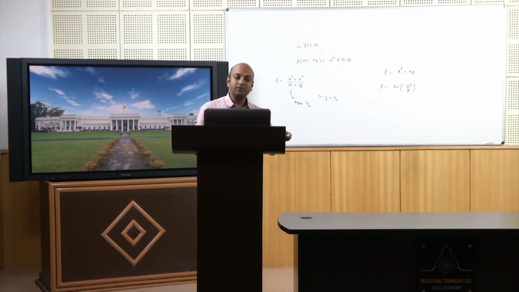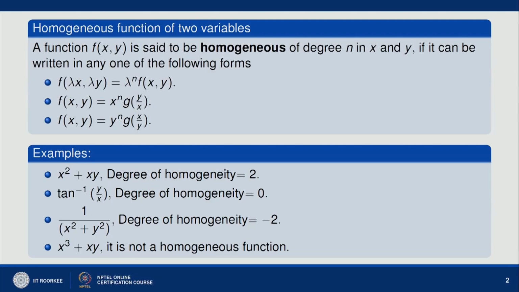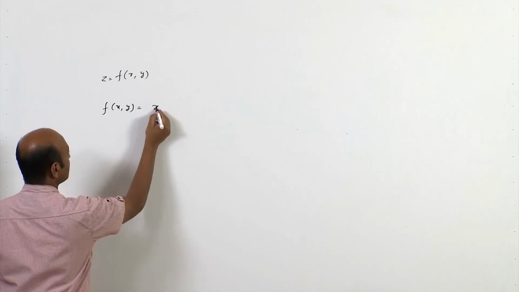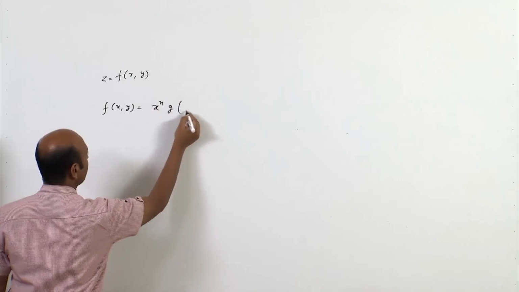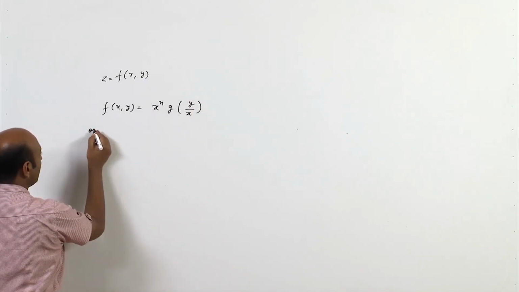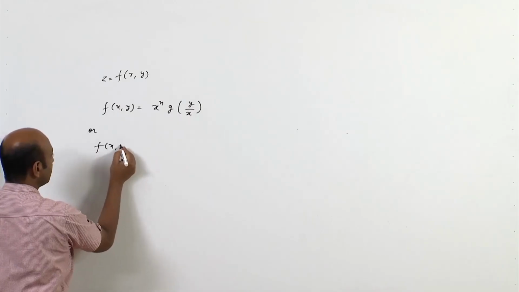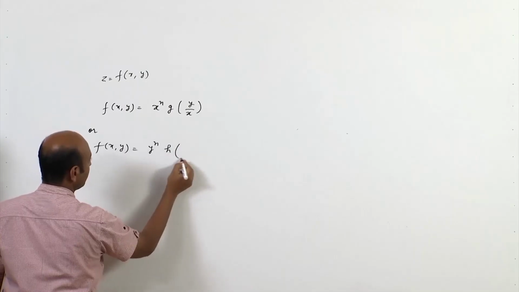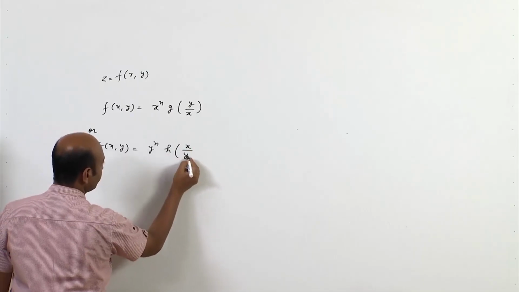A homogeneous function can also be expressed as follows. If f is a homogeneous function of degree n, then f can be expressed as x raised to power n times some g of y by x, or f can be expressed as y raised to power n times some h of x upon y.